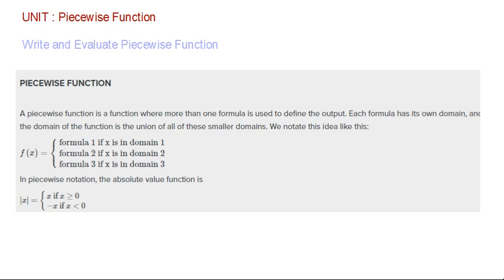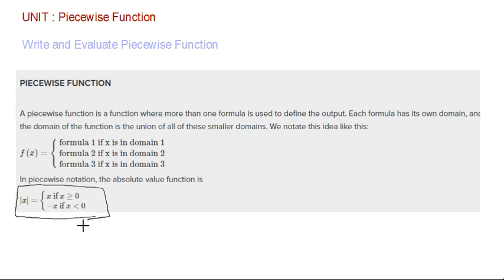And as you can remember, we talked about the absolute value function, which is an example of a piecewise function, because absolute value can always be written in two forms. It is x when x is greater than 0, and it equals minus x for x less than 0.